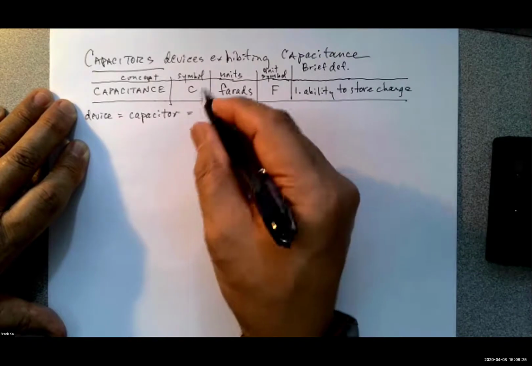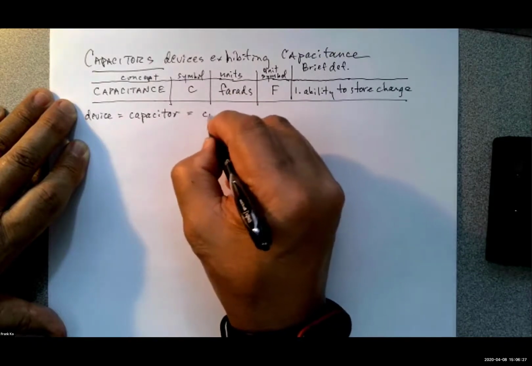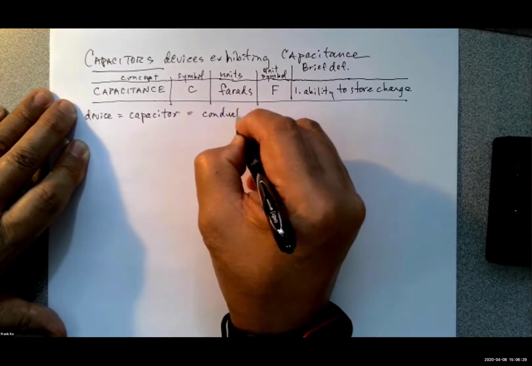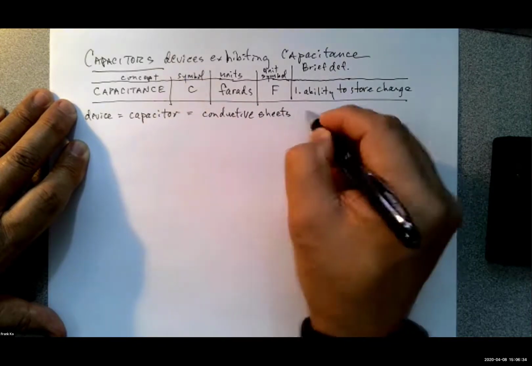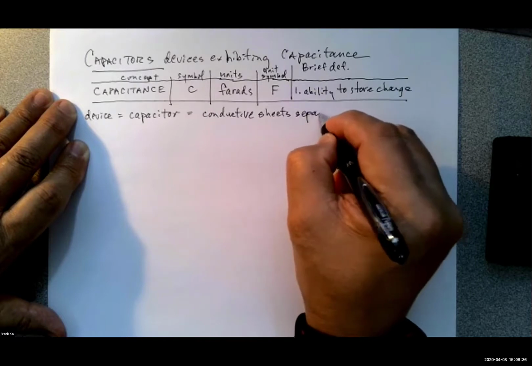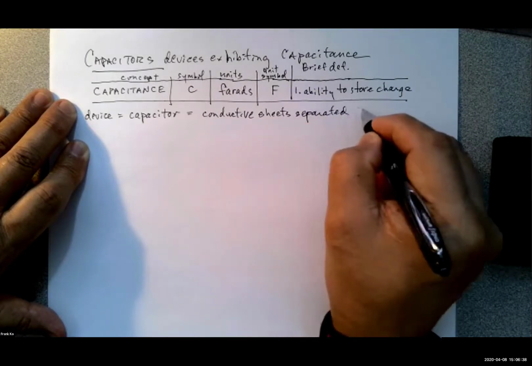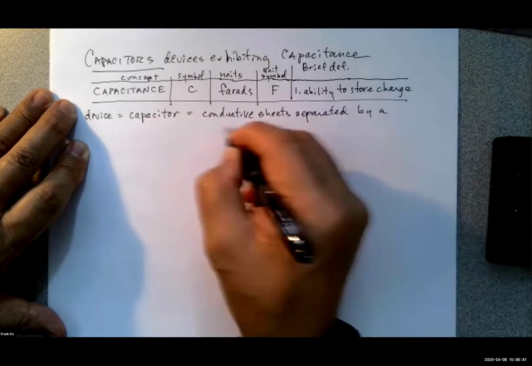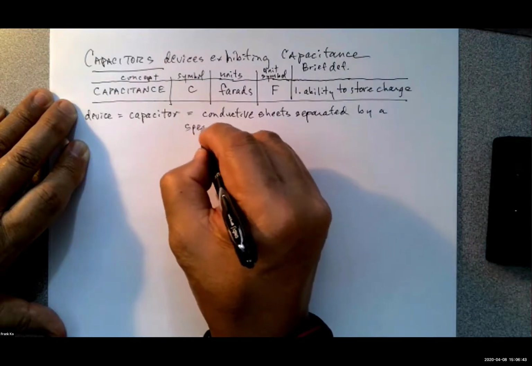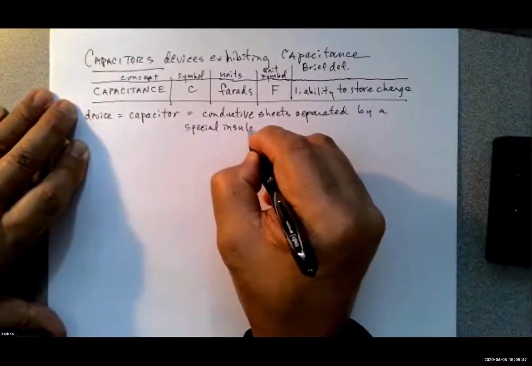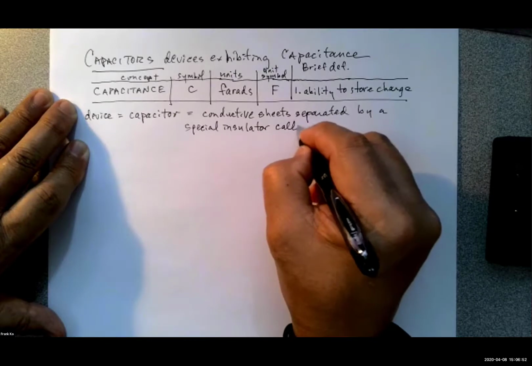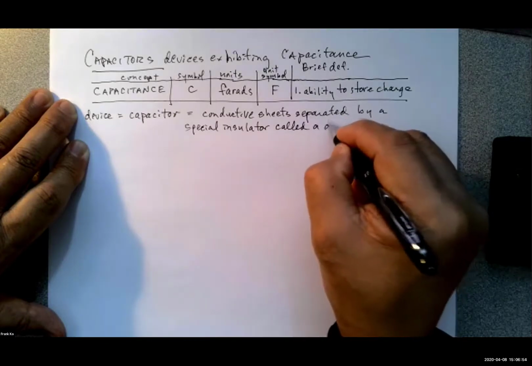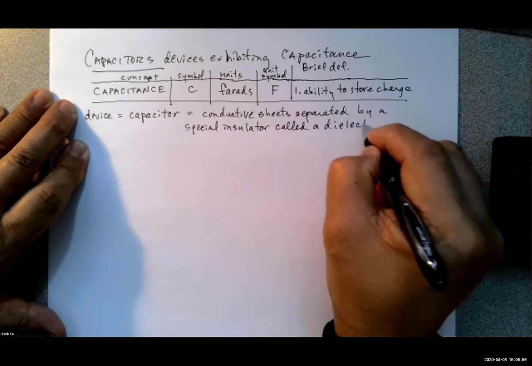A capacitor is conductive sheets separated by a special insulator called a dielectric.